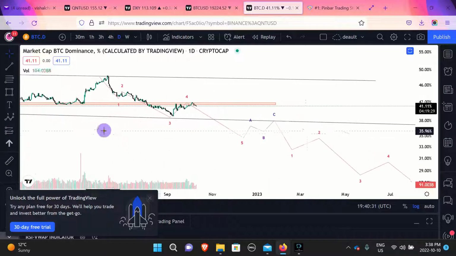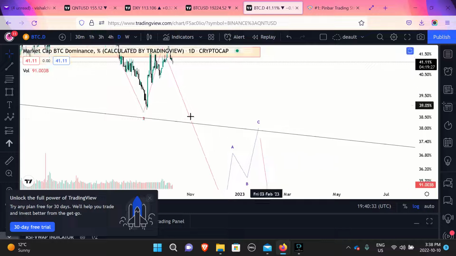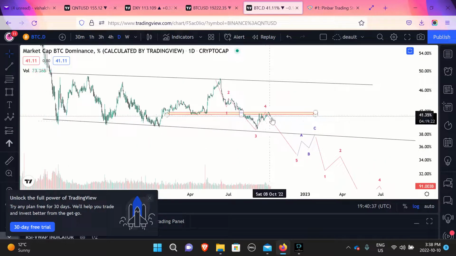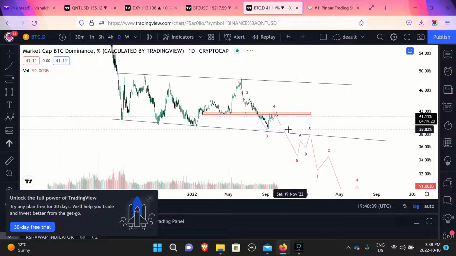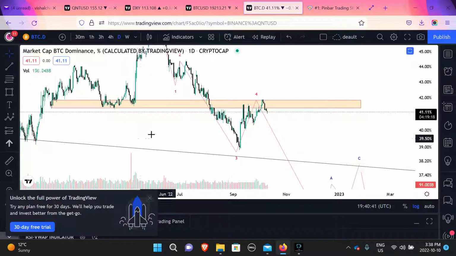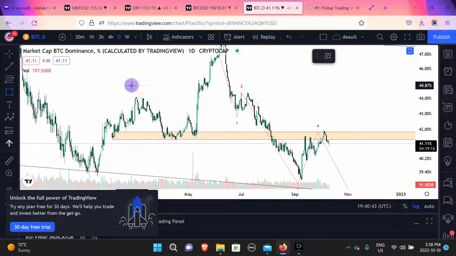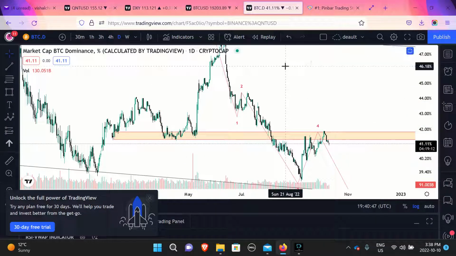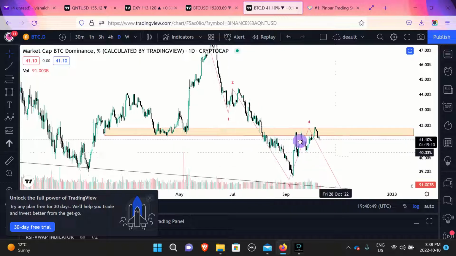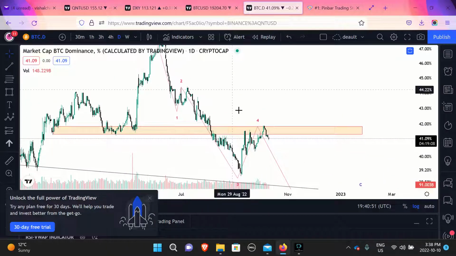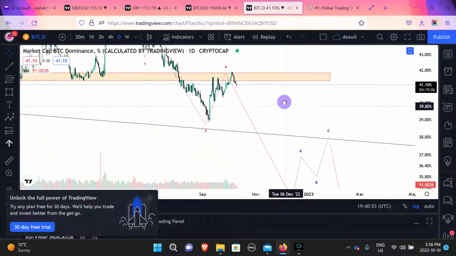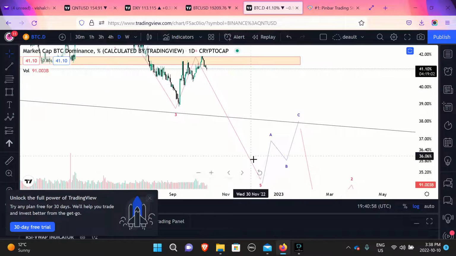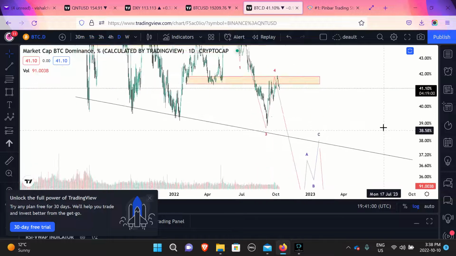When this rejects and when this goes lower, we tend to have an alt season. And what is it doing? It's rejecting off this zone right here. You see how it's rejecting? And we started our 1, 2, 3, 4, and then we're starting our wave 5 downwards for our Bitcoin dominance.